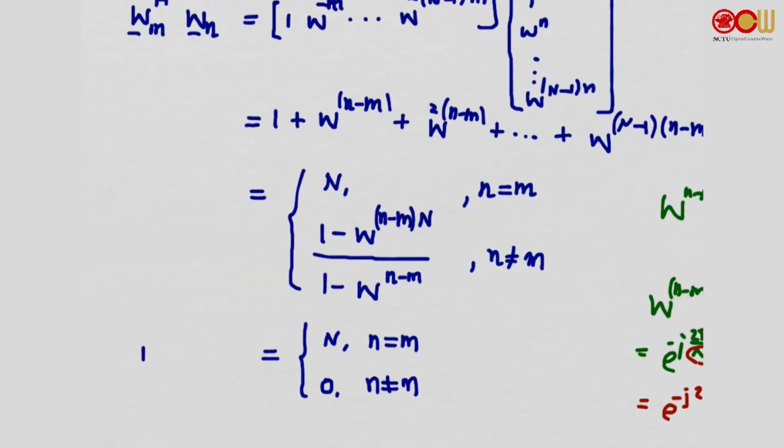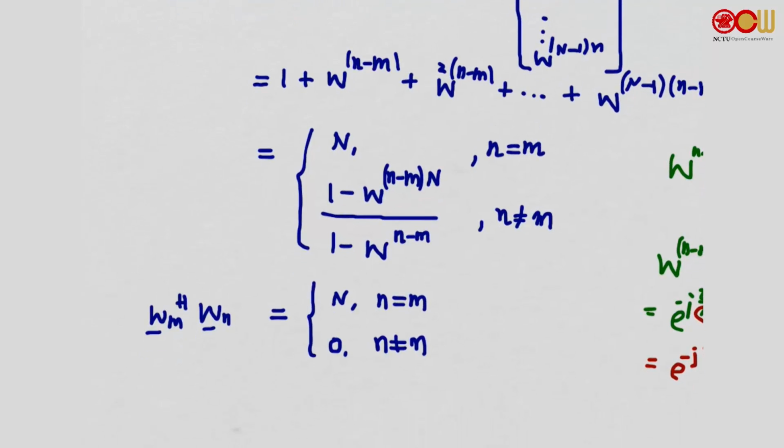This is W_m Hermitian W_n. What does this equation tell us about the column vectors of the DFT matrix? This means the column vectors of the DFT matrix are actually, there's a name for this. They are orthogonal. So these column vectors are orthogonal.